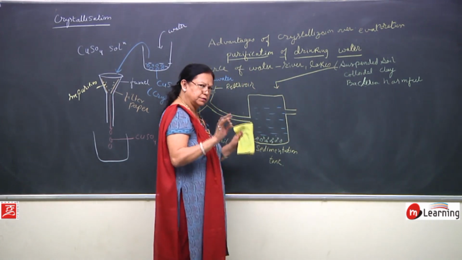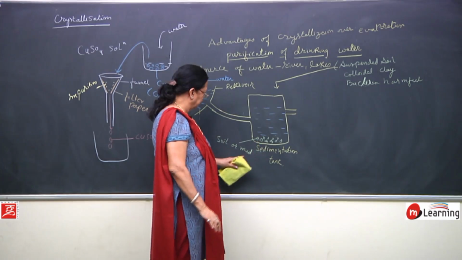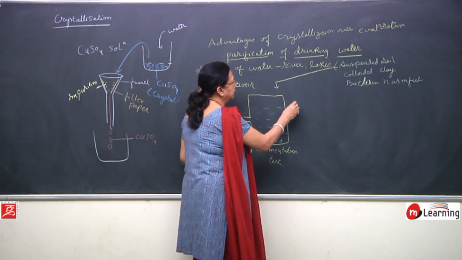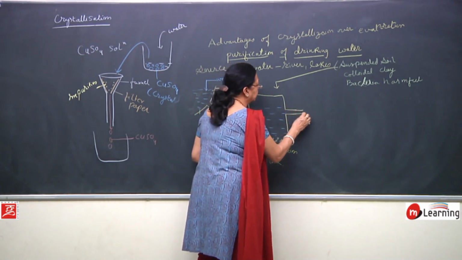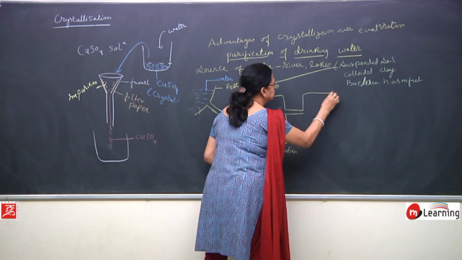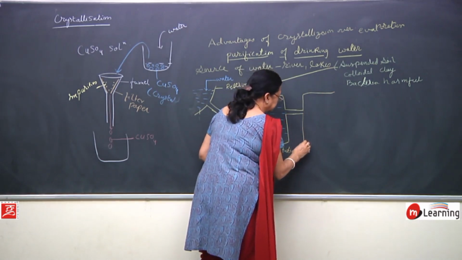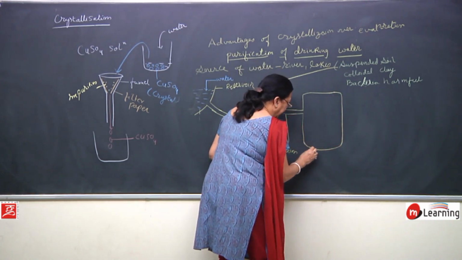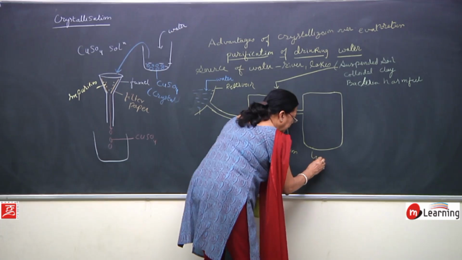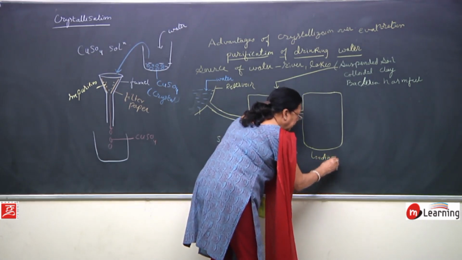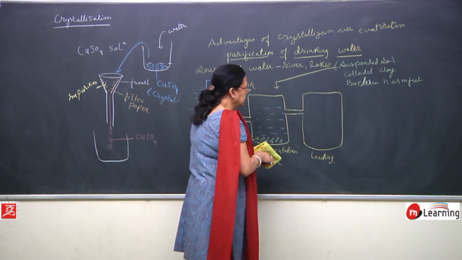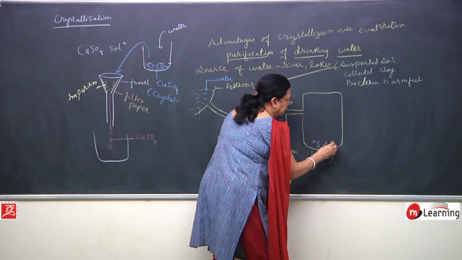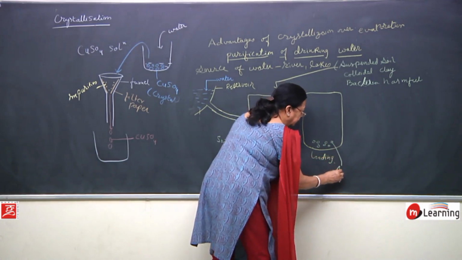In this, water is allowed to stand for a few hours, and all the muddy particles settle down at the bottom, and this water now we take into another tank, and this is called loading. Here some alum is added, the water is treated with alum.